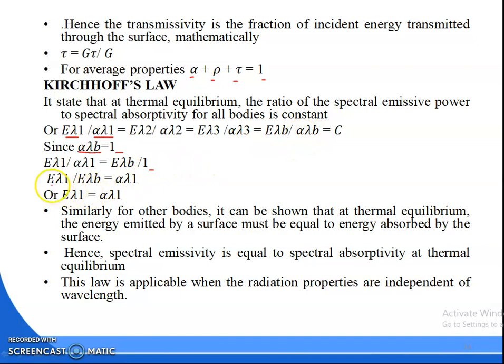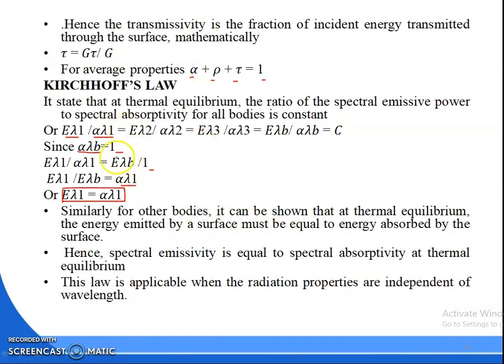So we can write that E_lambda1 by E_lambda_b is equal to alpha_lambda1. So we can say that epsilon_lambda1 is equal to alpha_lambda1. Similarly, for other bodies, it can be shown that at thermal equilibrium, the energy emitted by a surface must be equal to the energy absorbed by the surface.